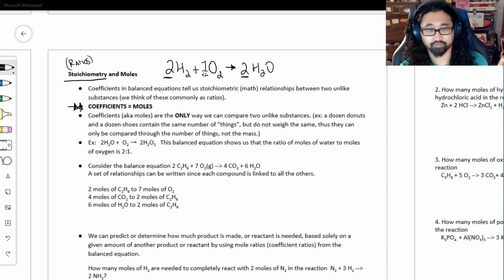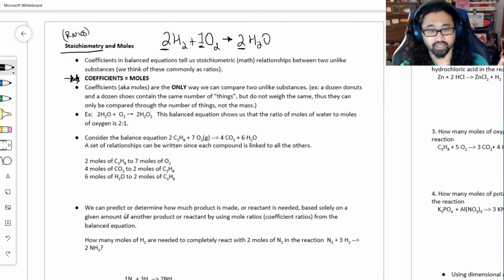It would still work because the ratios, the proportion, the stoichiometry, is still correct for a larger amount. Similarly, if I only wanted to make 1 mole of water, I would have to halve everything. So I would need half as much of each thing. And that's where we are here. I can predict or determine how much product is made or how much reactant is needed based on knowing the ratios, based on knowing those proportions.